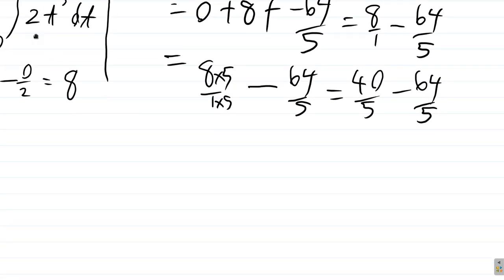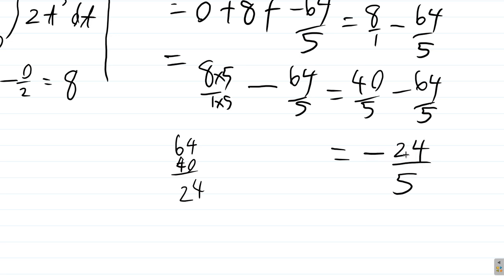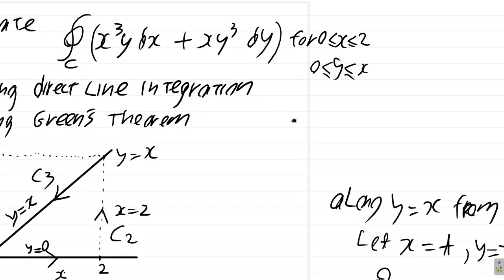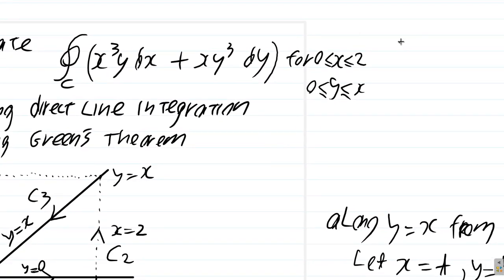What is 40 minus 64? It would be the negative of 64 minus 40. 4 minus 0 is 4. 6 minus 4 is 2. So what you have here is negative 24 over 5. Let's write the answer here: negative 24 over 5.